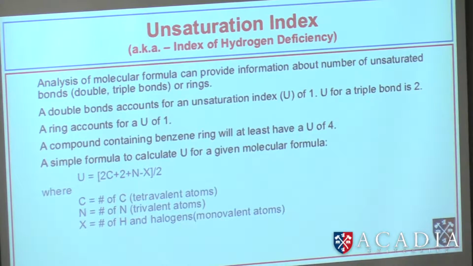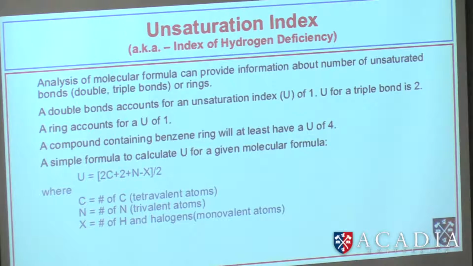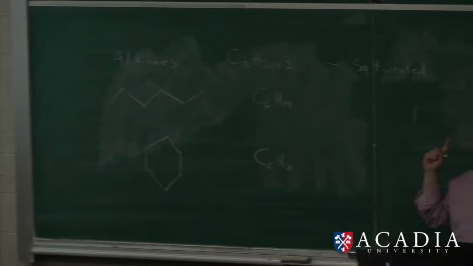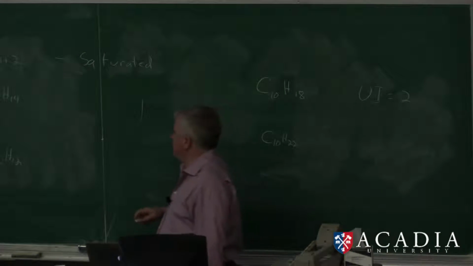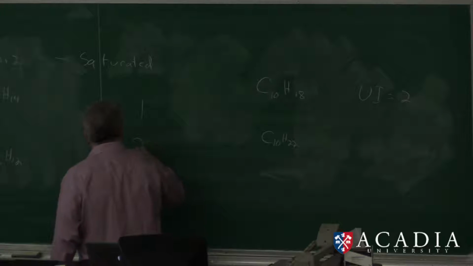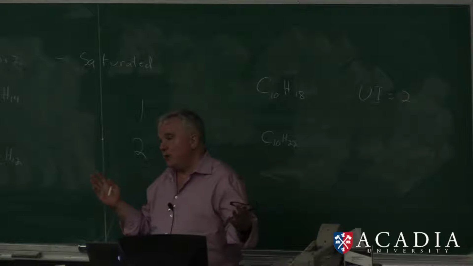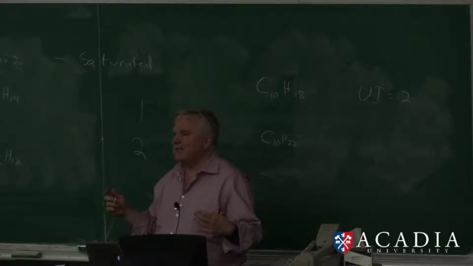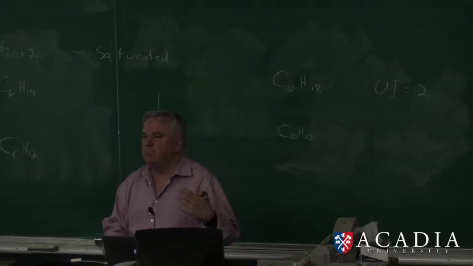What does the unsaturation index tell you? If I have an unsaturation index of 1, it means I either have a pi bond or a ring. If I have an unsaturation index of 2, that tells me I either have 2 rings, 2 pi bonds, or a pi bond and a ring. It's telling me that there are some missing hydrogens. And that's important.